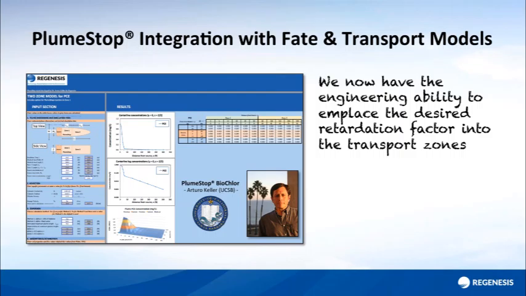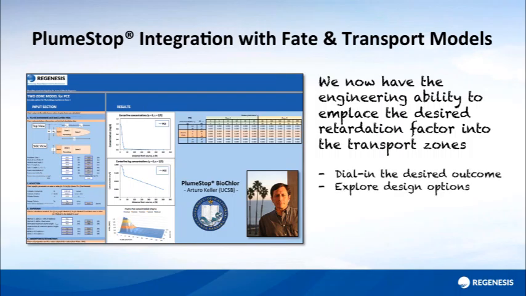Groundwater will be unimpeded, the retardation factor will be changed. So we can use models to dial in the desired outcome and explore different design and placement options of single barriers, multiple barriers, different doses, whatever it may be. And then with a PlumeStop application, we can change this modeled retardation factor into a true retardation factor.